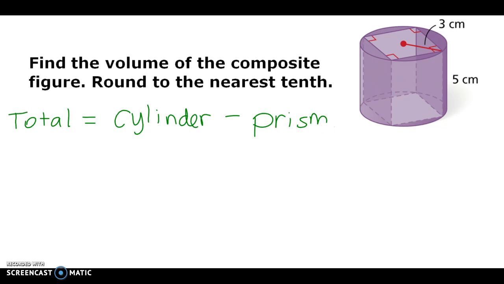What's our volume formula for a cylinder? Pi r squared h: the area of your base times the height, minus what's our volume formula for a square prism? Any prism: base area times height.